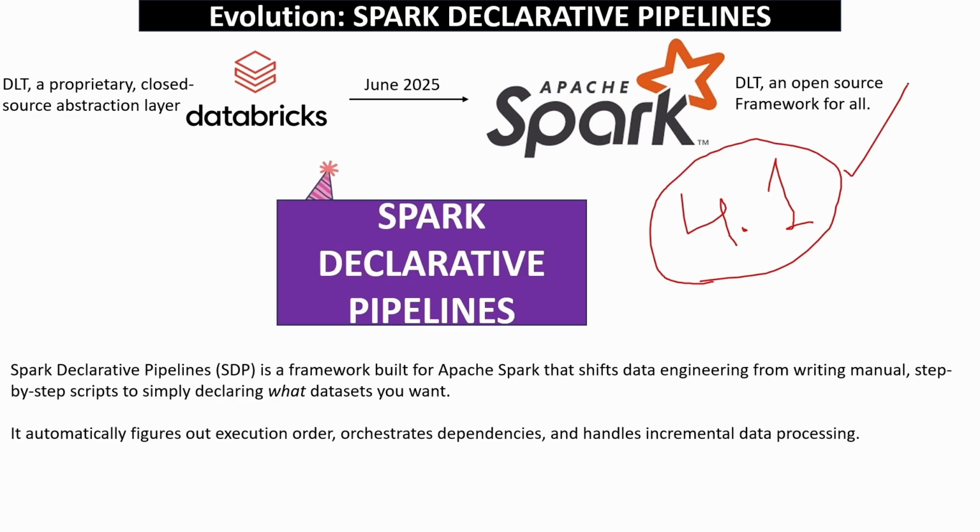So Spark Declarative Pipelines focus on what instead of how. You just need to work on what when you are working with Spark declarative pipelines. How these things will work, that's not your headache. That's Databricks' headache. It automatically figures out the execution order, orchestrates all the dependencies, and handles the incremental data processing.